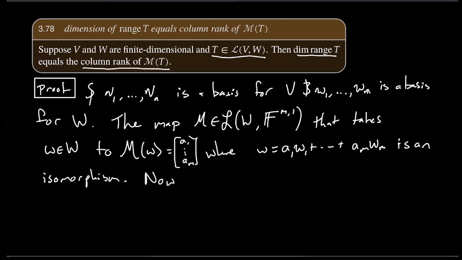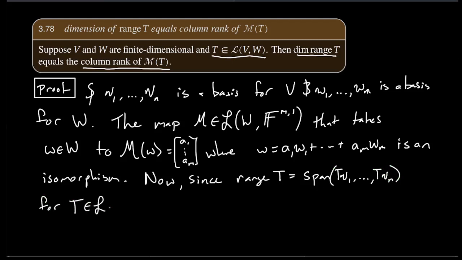Now, since the range of T is equal to the span of Tv1 through Tvn for T in L(V,W), here's the easiest way to think of it.